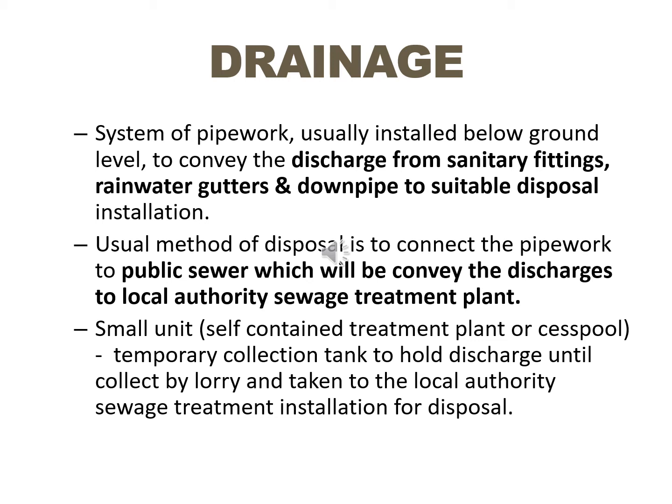A small unit or self-contained treatment plant or cesspool is a temporary collection tank to hold discharge until collected by lorry and taken to the local authority sewage treatment installation for disposal.